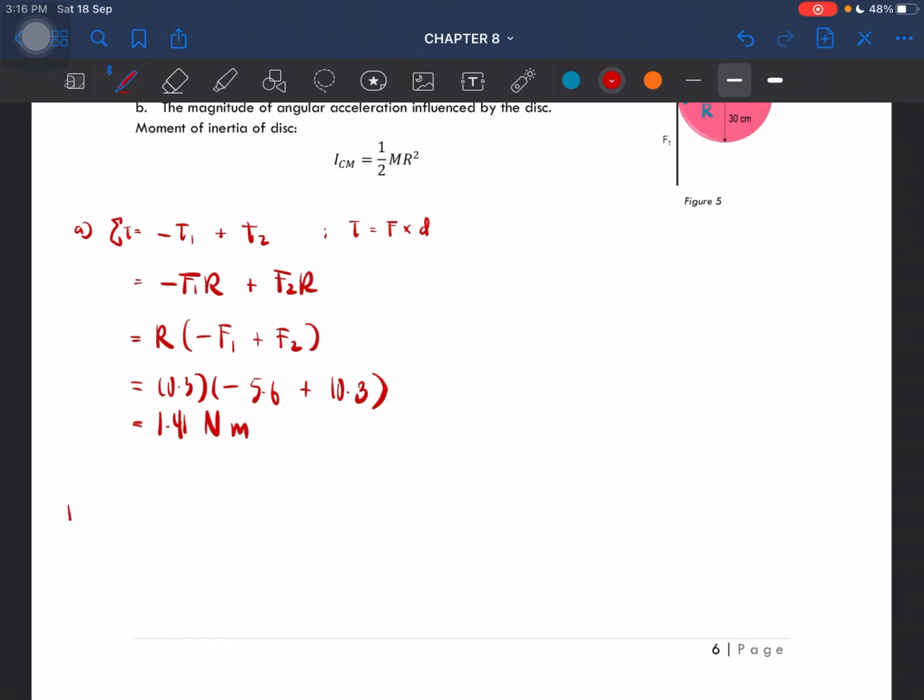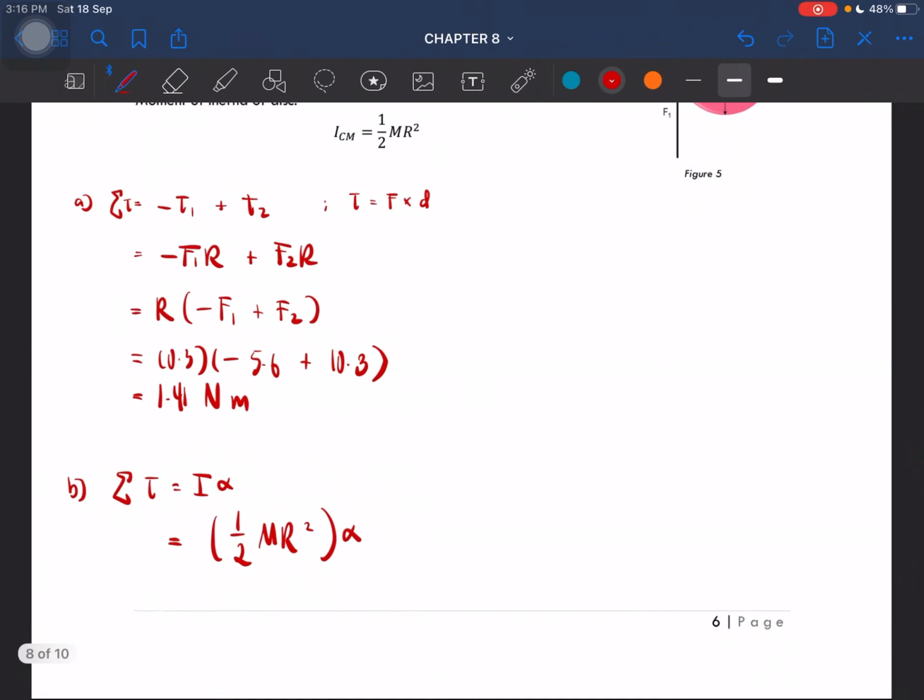Okay, and then for question B, we can apply the relationship between torque and angular acceleration, which is this formula, torque equals I alpha. I is given, which is half m r squared times alpha, so this is 1.41, which we've calculated.